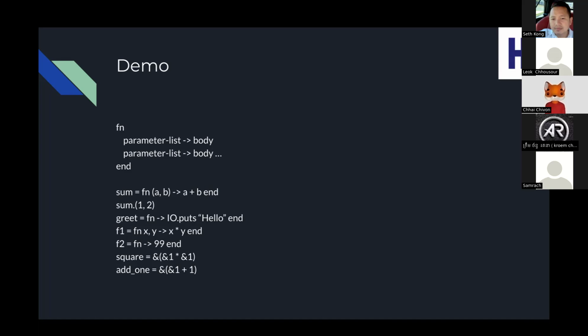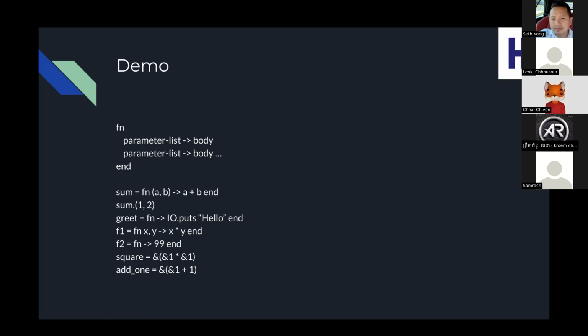Okay, there's one more function here that we define. Another way to define it, we use the &, we call capture notation. So you can define an anonymous function using capture notation here. So you do a square.